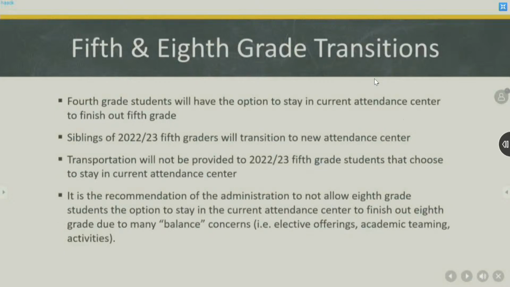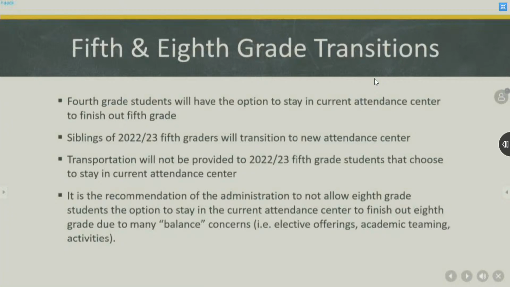grade transition. We have offered, if you are a 4th grade student today, and you're moving into the 5th grade next year, that we don't want to keep jumping you or moving you in terms of transition. So we have offered, if you're in 4th grade and you want to stay in the school, predominantly Anchor Point, then you have that option.